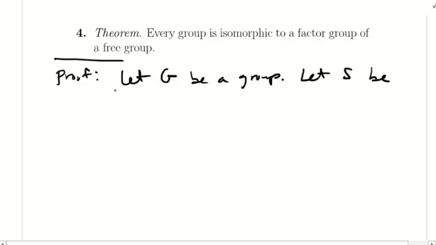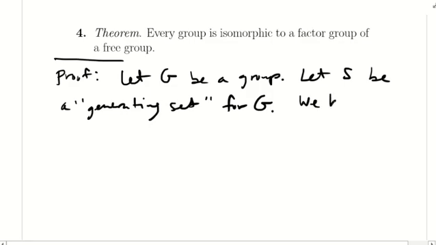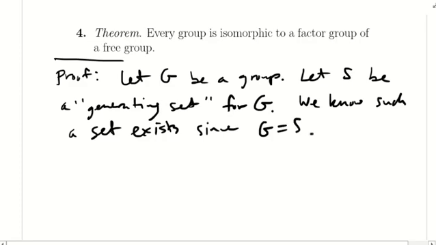Let S be a generating set for G. This means that every element in G is some word in elements from S. So S is a subset of G, but we know that it exists since if you let S be all of G, every element in G is some finite word in elements of S. All the words would only have to be length 1.